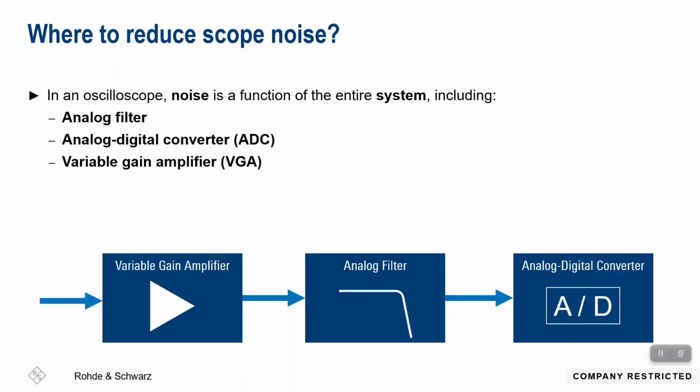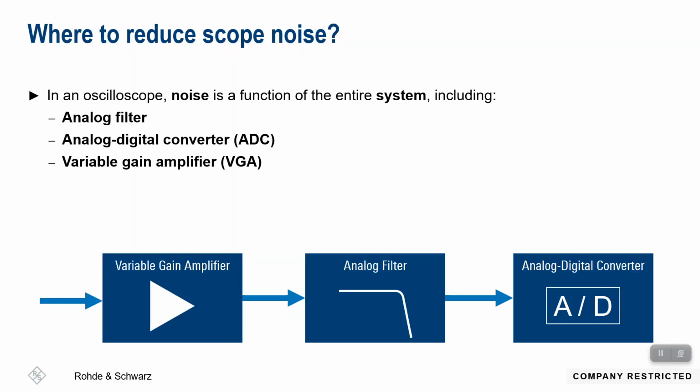And where do you look in an oscilloscope to reduce noise? Well, you look to the front end, the analog components, and that's composed of an analog filter and a variable gain amplifier. Those are the two primarily analog components, and then you have the ADC. And so the ADC is one of the elements that we're going to focus on here.